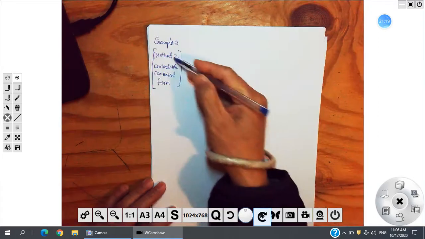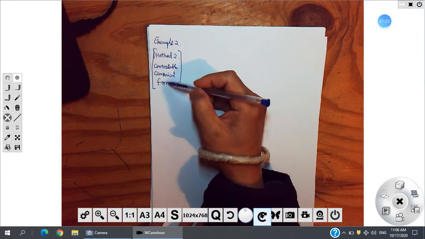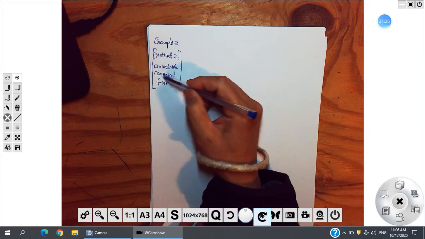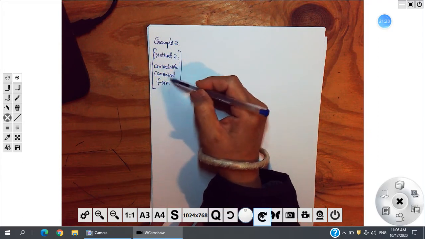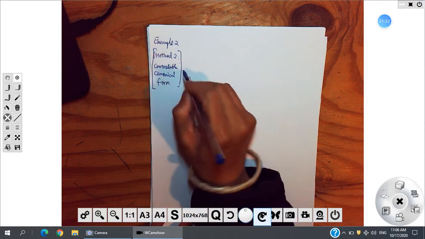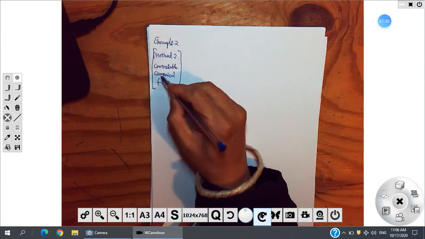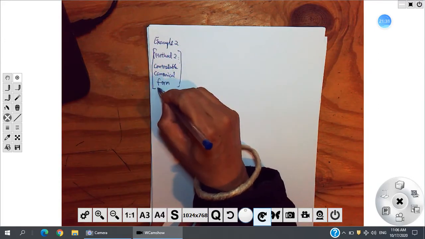So finally, we will have a form of the equations, and we call this form the controllable canonical form. For controllable, later I will explain what controllable means. For now, just remember this kind of matrix form of a system is called the controllable canonical form, the CCF.